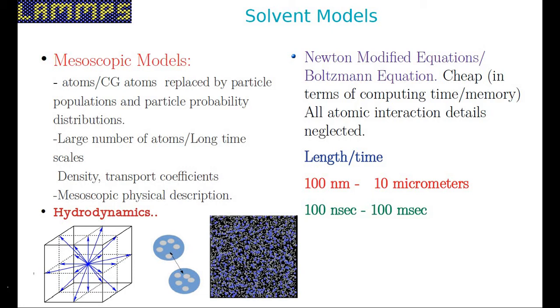Therefore, we can simulate a larger number of atoms and we can reach longer time scales. Because of that, we can describe properties such as the density and transport coefficients. We can say that the mesoscopic physical description is suitable for the hydrodynamics of fluids.